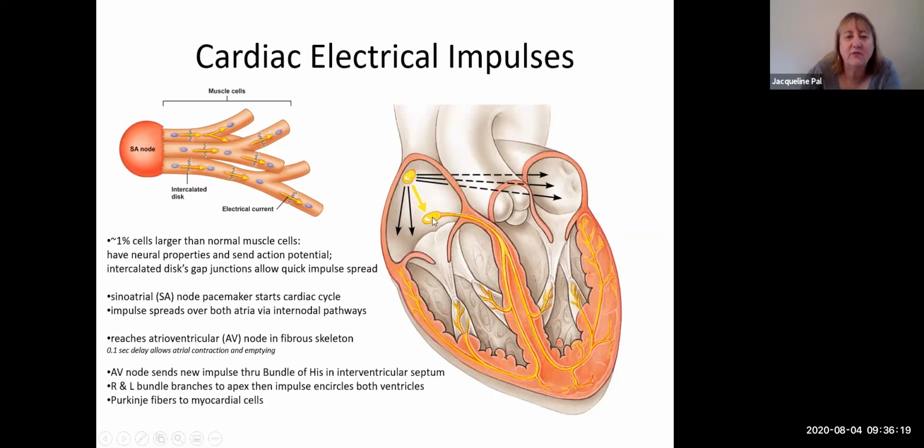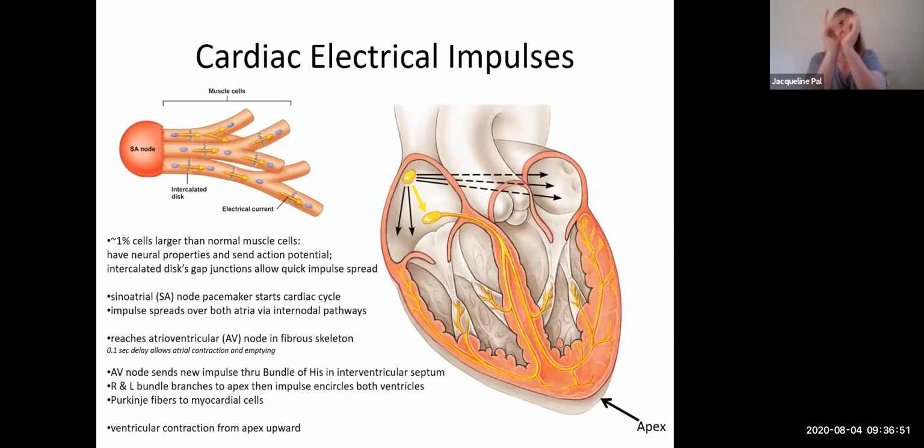So the atrioventricular node sends a new impulse through the bundle of His and through the right and left bundle branches and into the Purkinje fibers, and you can see the papillary muscles are even innervated with the Purkinje fibers. And so the impulse travels in a downward area towards the apex of the heart. And then contraction actually starts at the apex of the heart and then goes in an upward direction. So if the heart is like this, this is contracting first before this.